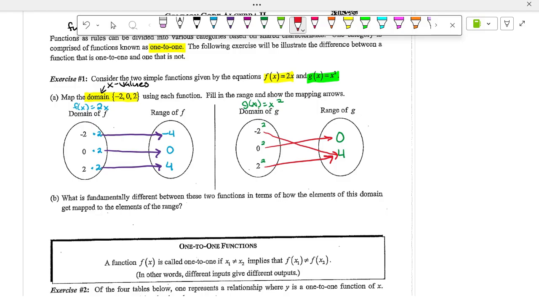Say it again, boys. There is repeating y. So, in other words, for this function, each x has their own y. But for this function, 2 of our x's share a y. All right. So that's the difference. So f has no repeating y's.